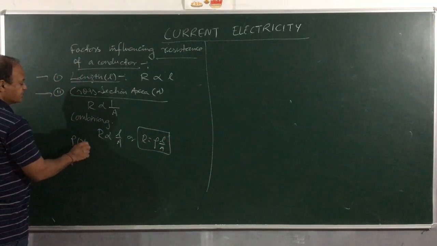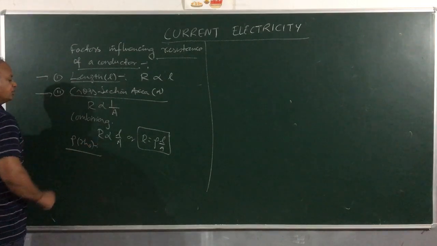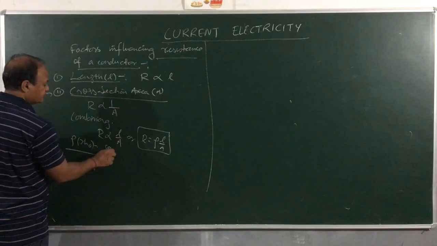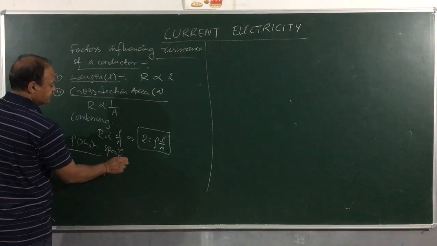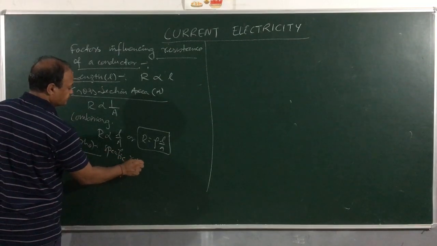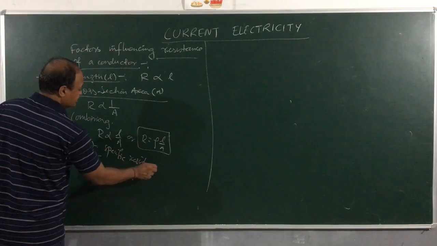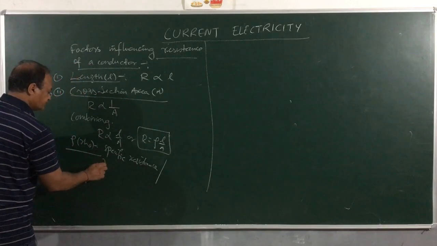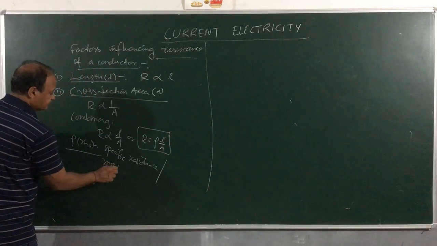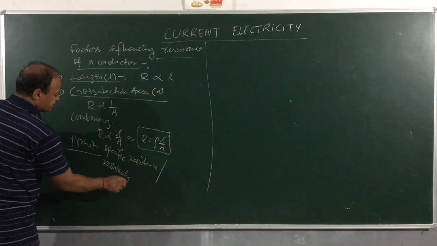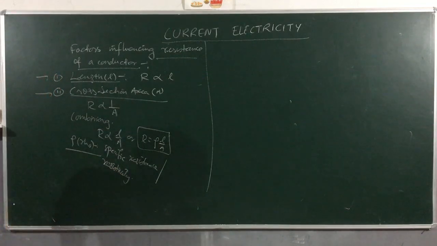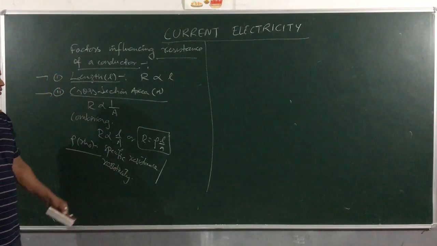How do you pronounce this? Rho, RHO. Rho is called specific resistance or resistivity.